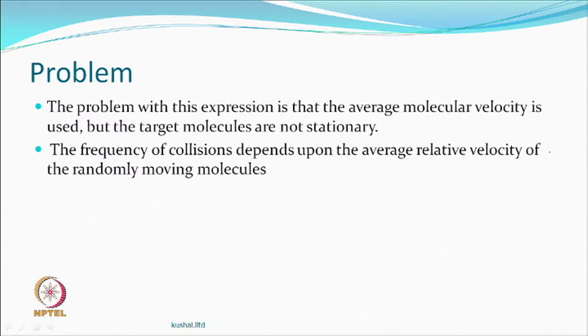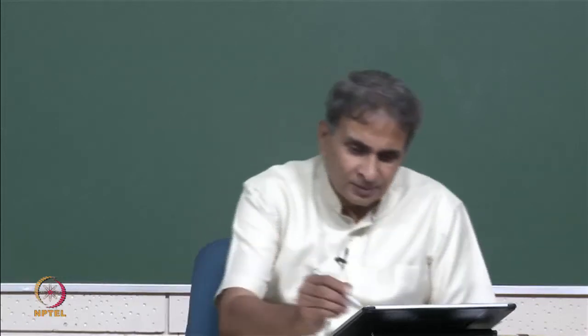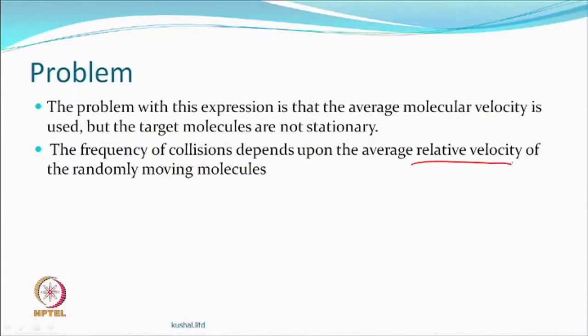None of the molecules is stationary; each has a velocity in whichever direction it is going, and it can still strike. Therefore, the collision will depend on the average relative velocity of randomly moving molecules and not just an average velocity. So, you have to find a relative velocity.